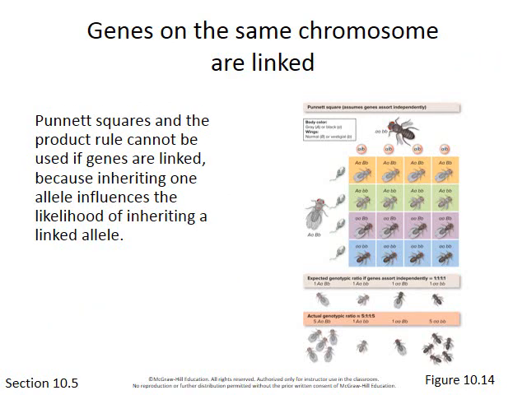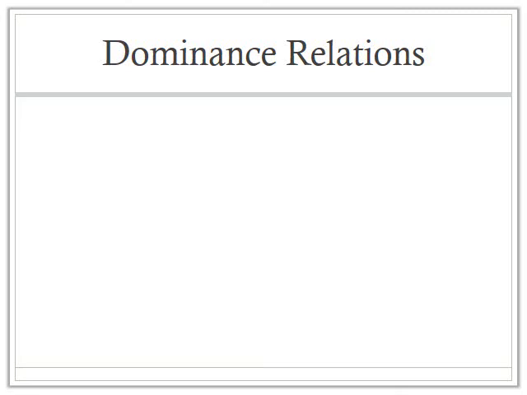So genes on the same chromosome are linked. Punnett squares and the product rule cannot be used if genes are linked, because inheriting one allele influences the likelihood of inheriting the other linked allele. So there are some other situations that don't follow the normal Mendelian rules.